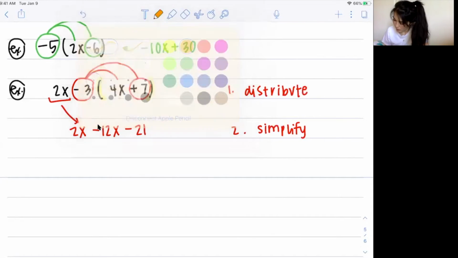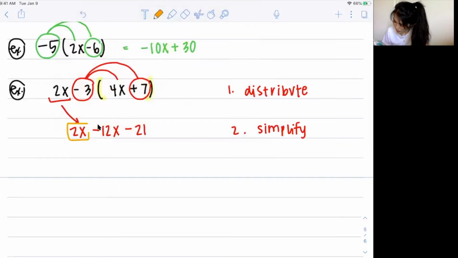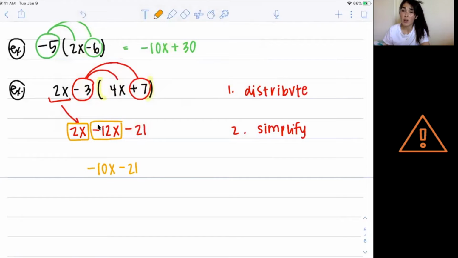And so when I do that here, I combine this 2x, and again, take that sign, and this negative 12x, which should give me negative 10x, and then minus 21. And so that would be my simplified answer there. So again, things that you guys know, but you have to be very cautious about. And we want to watch those signs before we get into multiplying our polynomials. So this is good practice for that.